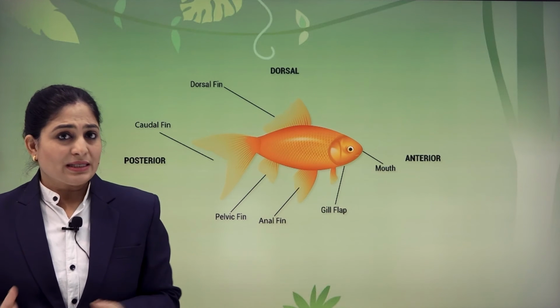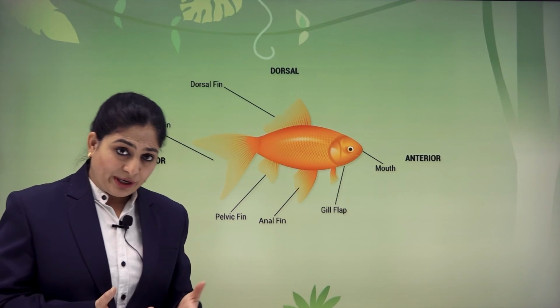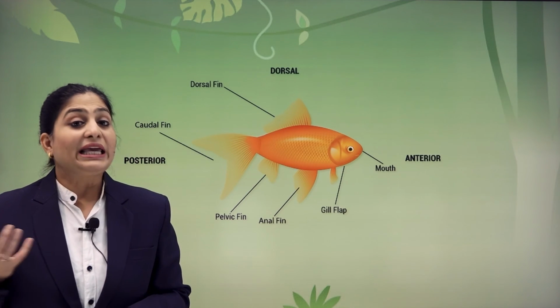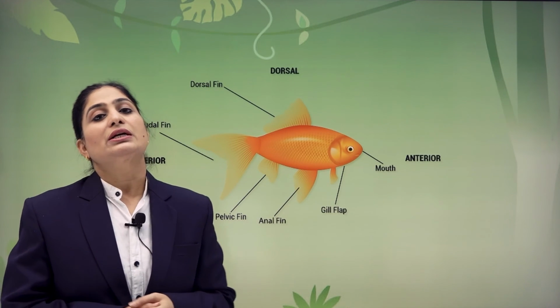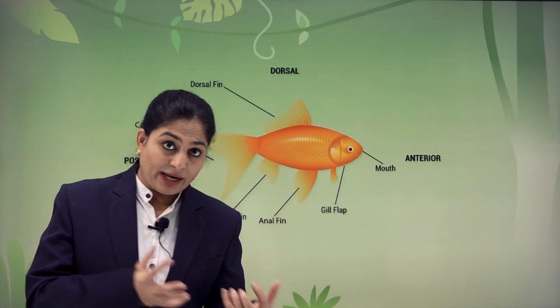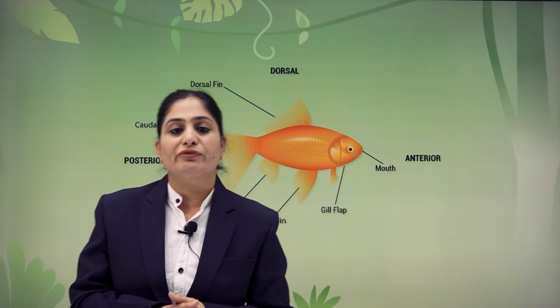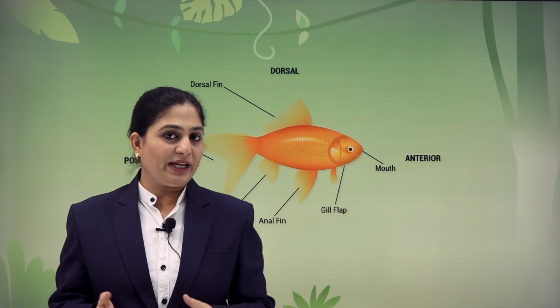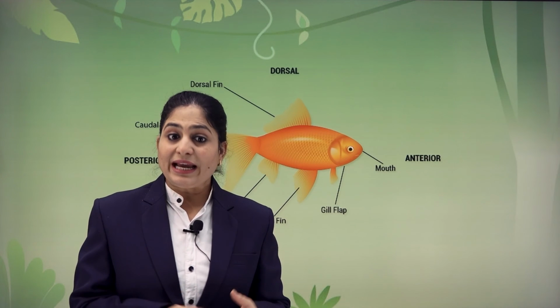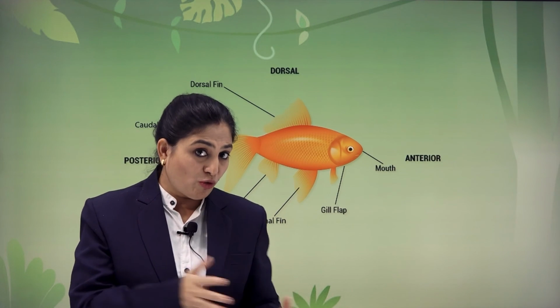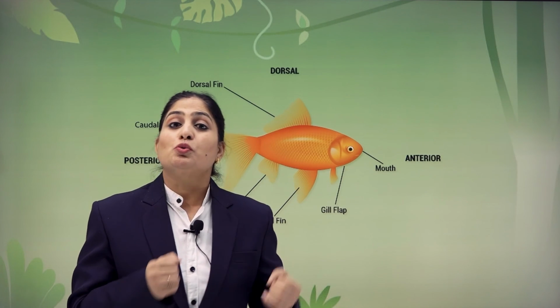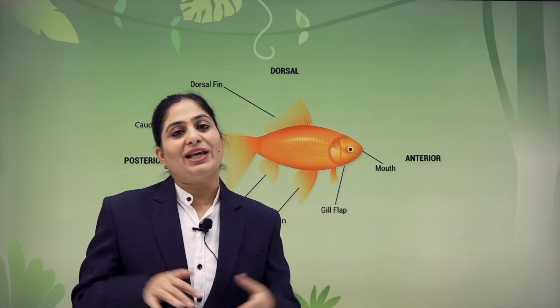Second, since they live in water, for respiration they have gills. Gills help fishes to respire and take dissolved oxygen from water. At the same time they have fins and tails, which are responsible for movement, for swimming, to balance the body and to change direction.